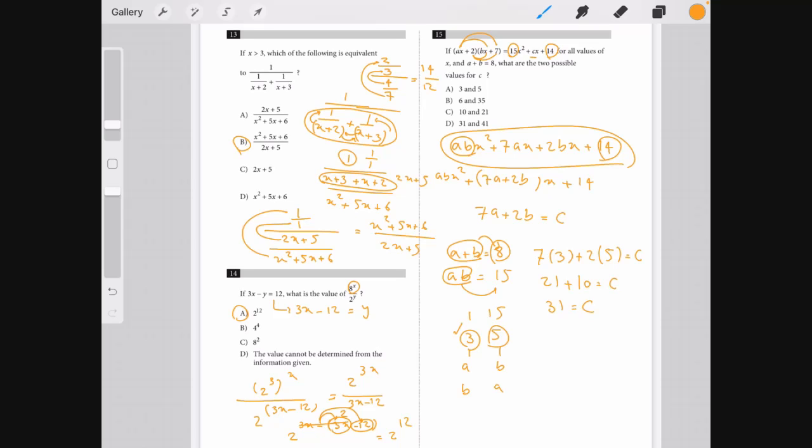But what if b is 3 and a is 5? In this case, c will be equal to 7 times 5 plus 2 times 3, so it's 35 plus 6. So c is 41. So c could be 41 or 31. D is the answer.